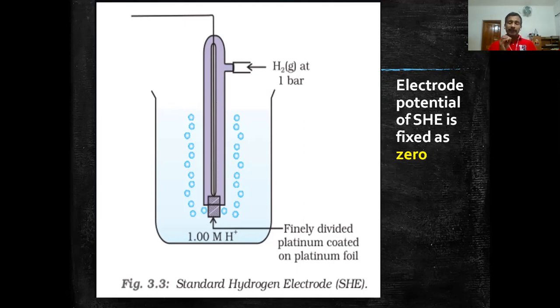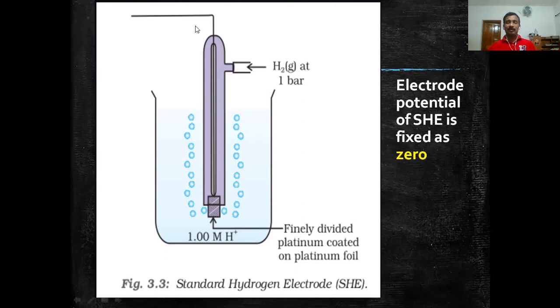So if the electrode potential of the standard hydrogen electrode is 0, then what is the potential of the zinc electrode, copper electrode, nickel electrode, magnesium electrode? In that way we can find out the comparison with respect to the standard hydrogen electrode.